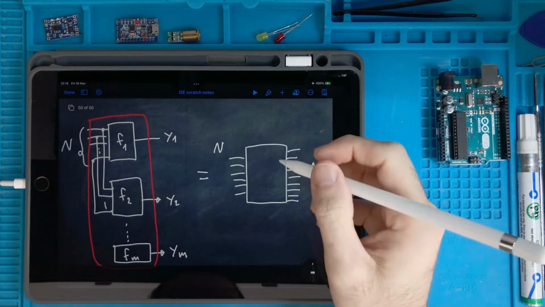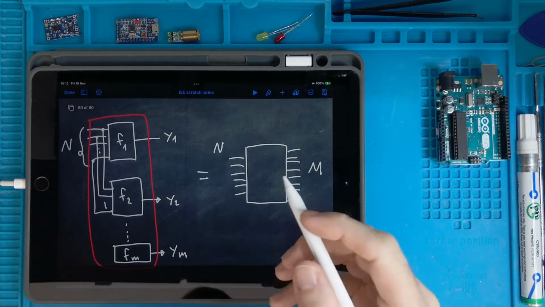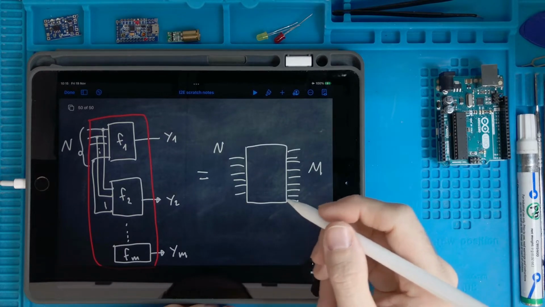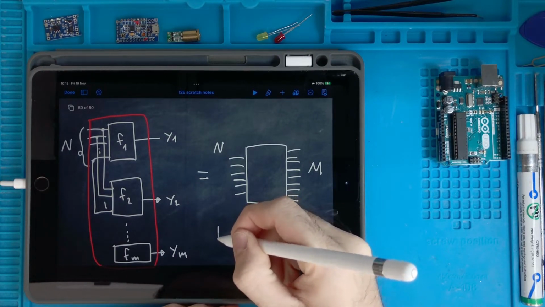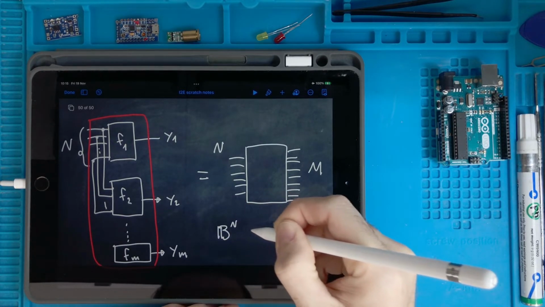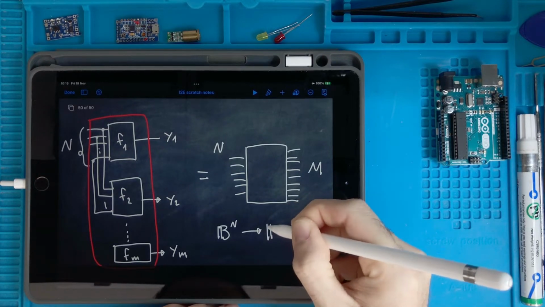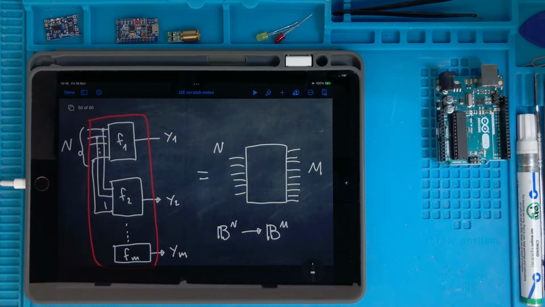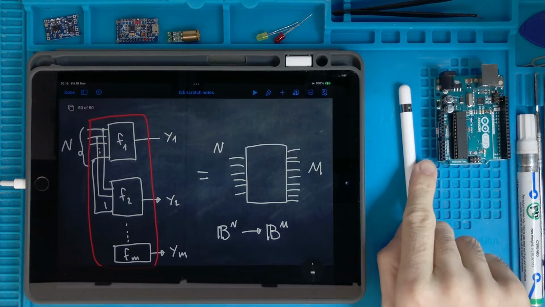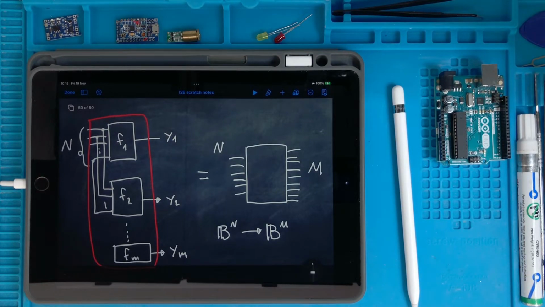So with digital circuits and truth tables we can implement any function from, let's say, binary n to binary m. So now we are starting doing some mathematics with this.